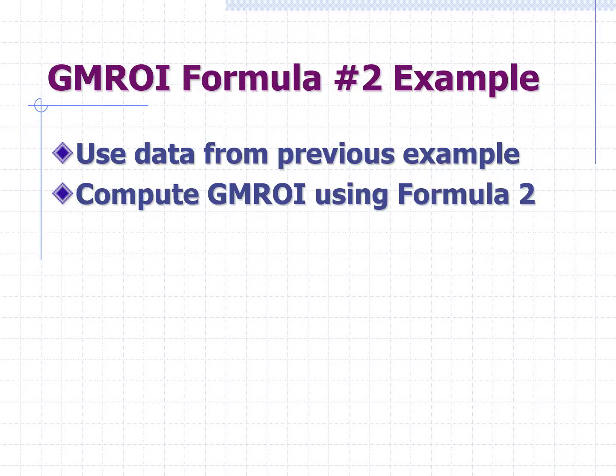Now let's use the same data from this previous example, but compute the GMROI using the second formula, formula number 2. Now that we have turnover calculated, we can utilize formula 2 of GMROI, which was gross margin percent times turnover divided by 100% minus markup percent. Let's utilize that to come up with GMROI.